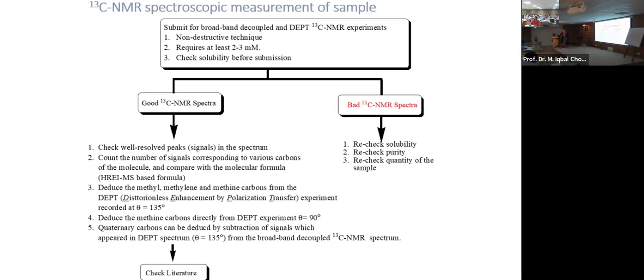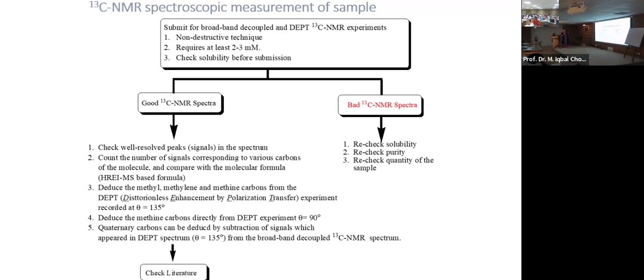The reason is that every C13 is attached to a proton, which is NMR active, so it will split because of the proton. If it has one proton attached, it splits into a doublet. So methyl, methine, and quaternary carbons we could not identify. Now we are using DEPT, and we see only one signal.